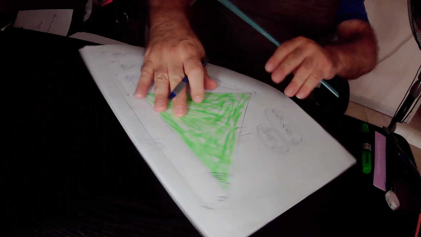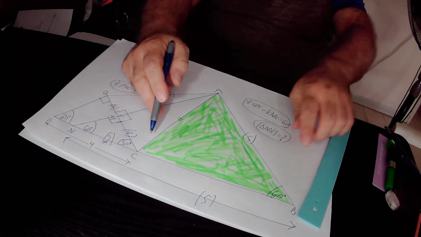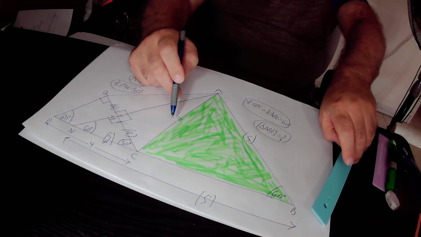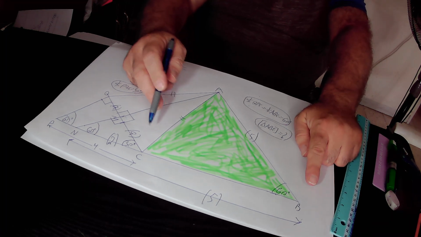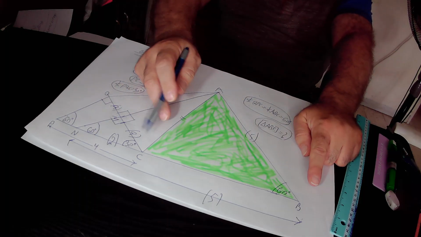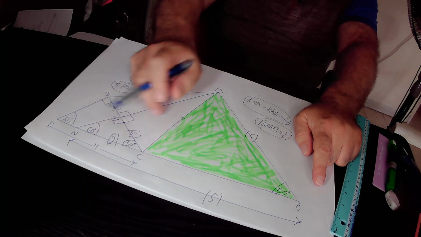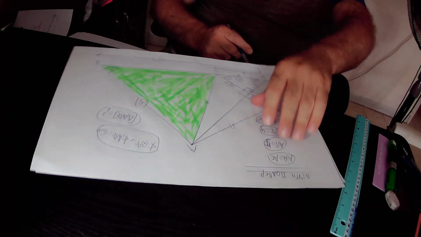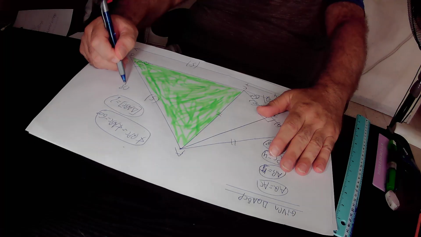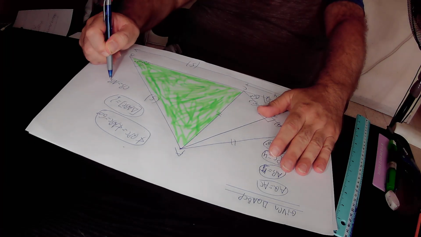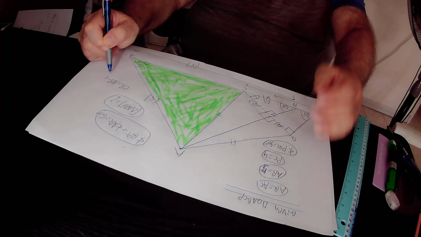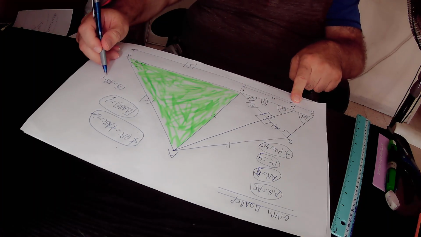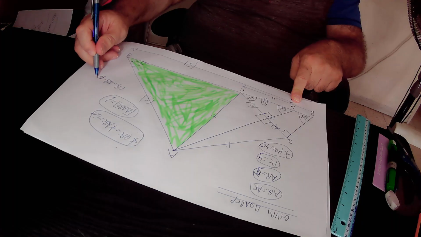What is the length of the missing side, side CB? From the drawing, it is very easy to see that CB equals NB minus NC. Again, NB minus NC equals CB. So I write it down: CB equals NB minus NC.